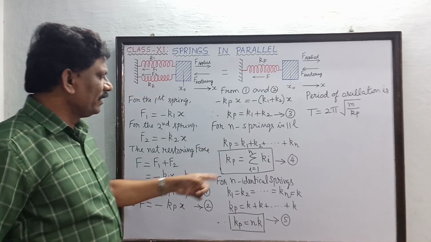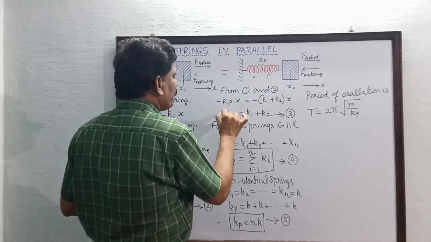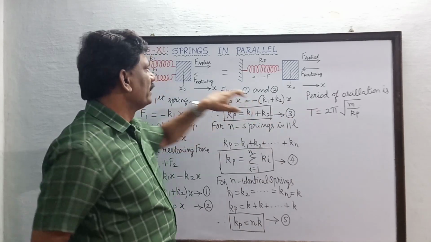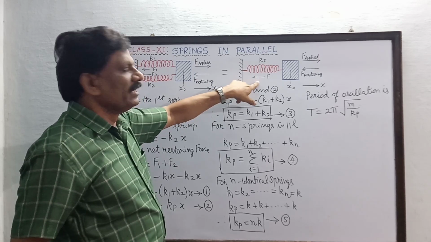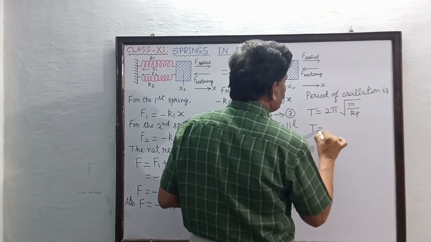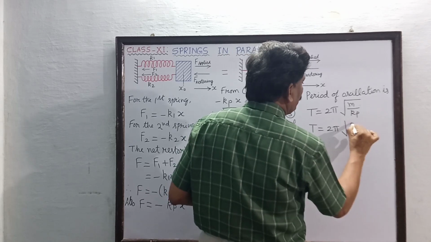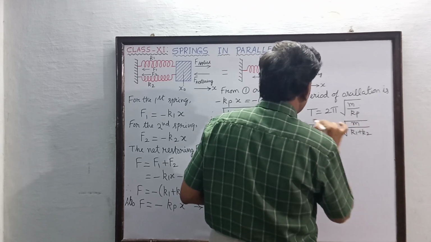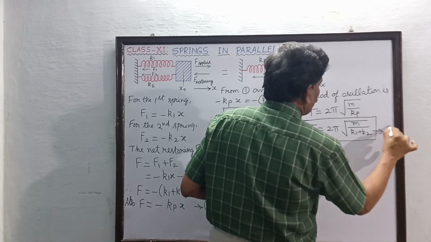Instead of K parallel, we have to substitute K1 plus K2, because we use only two springs in the picture, and it is reduced to a single spring. So T is equal to 2 pi into square root of m divided by the sum of K1 and K2. This is equation number 6.